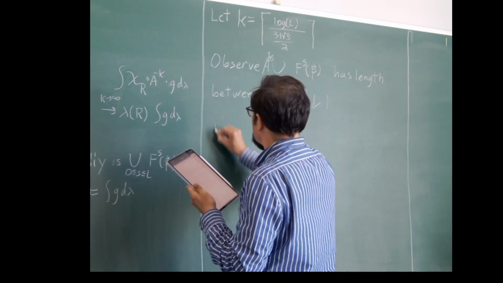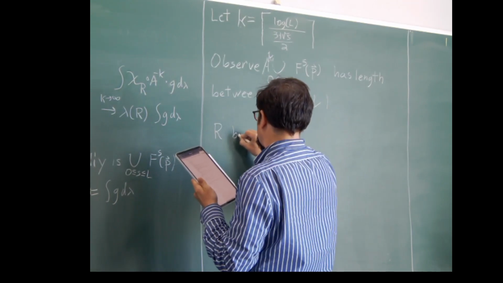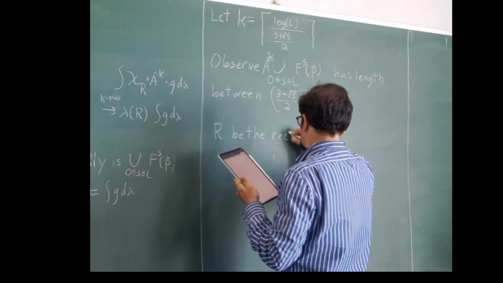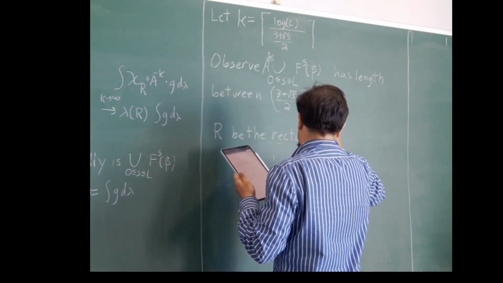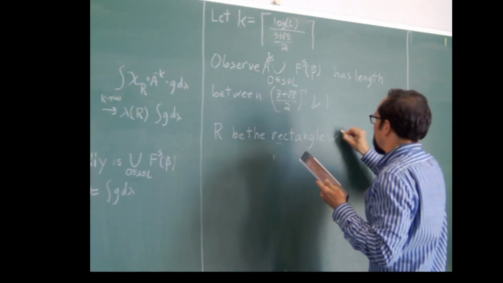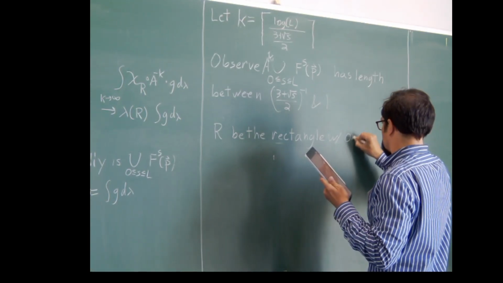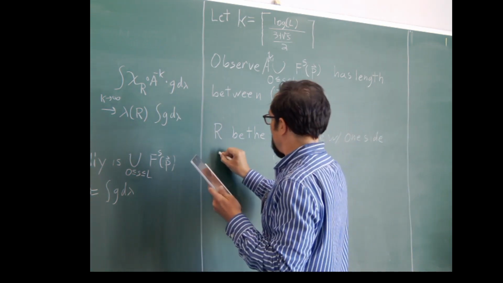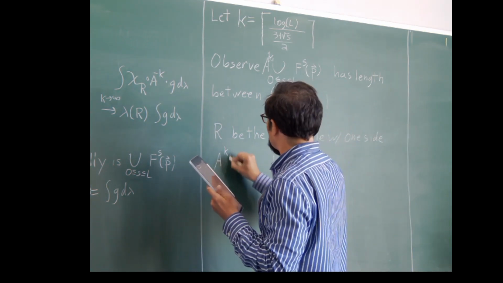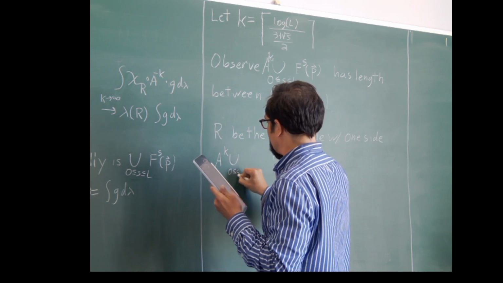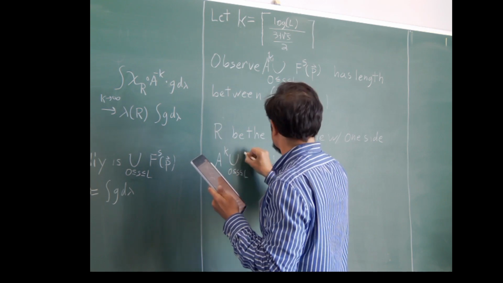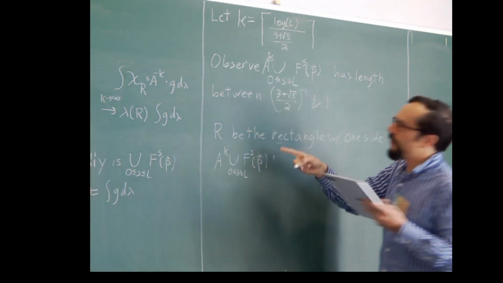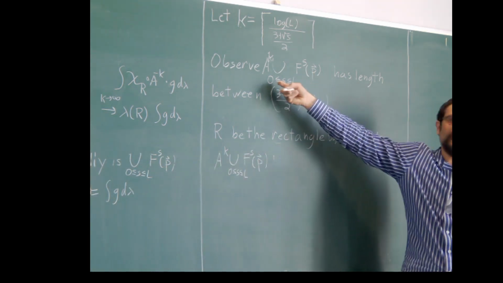I want to let R be the rectangle with one side A to the K times the union for 0 less than or equal to S less than or equal to L of F to the S of P. By the way, is it clear to everybody what I mean by this set multiplied by this?